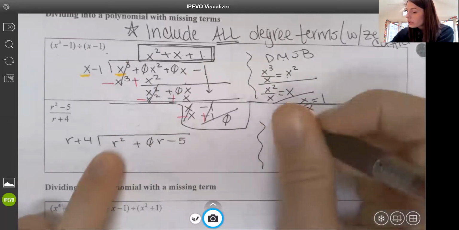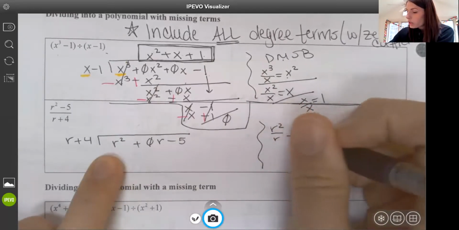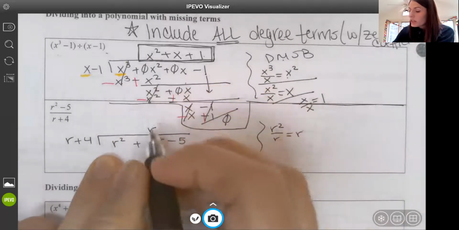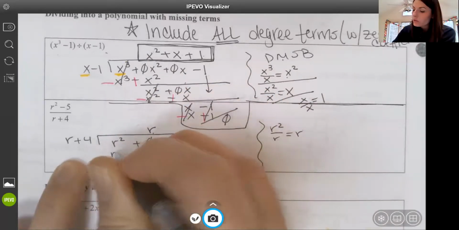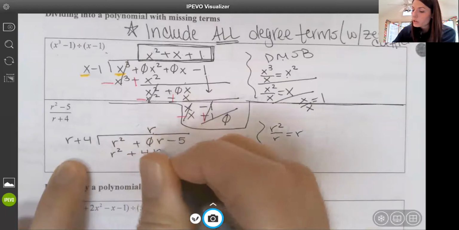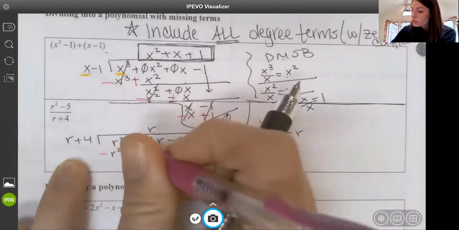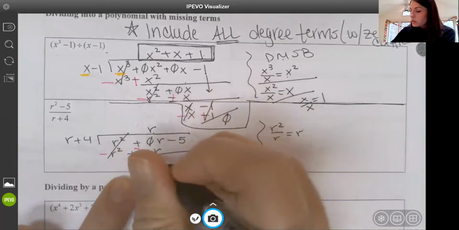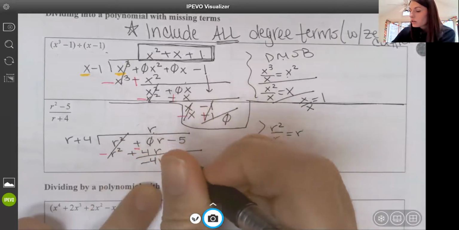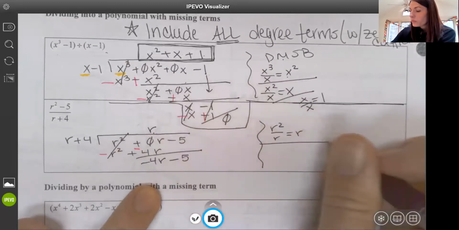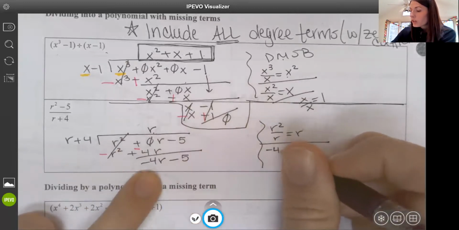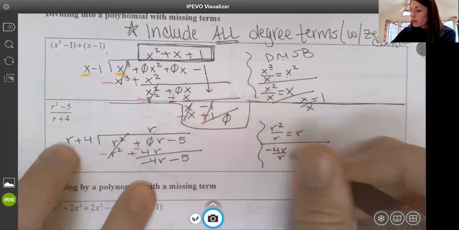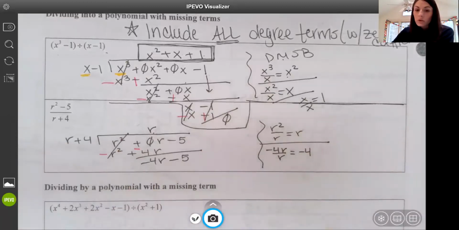So the leading term, r squared divided by r, gives me r. Taking that r and multiplying by what's out front is r squared plus 4r. Subtract, so that 0r is coming into play right now. It's going to give me negative 4r, bring down the minus 5. Leading term of negative 4r divided by r gives me negative 4.